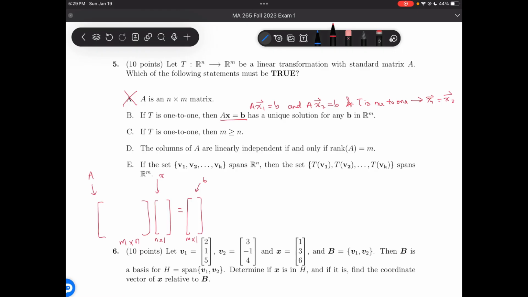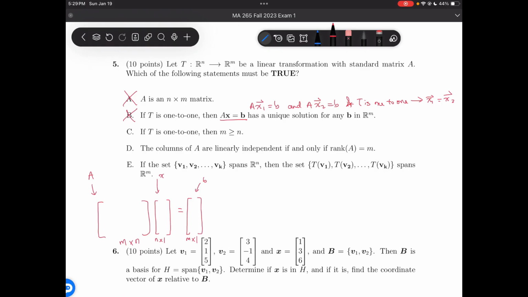However, it does not say that there needs to be a unique solution for every B in Rm. It doesn't say that, so that's how we know that B is false.